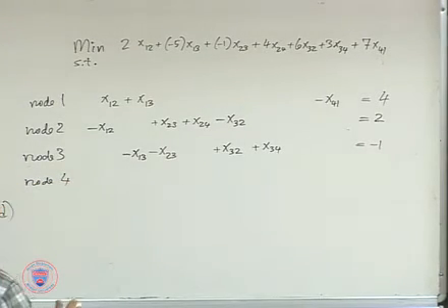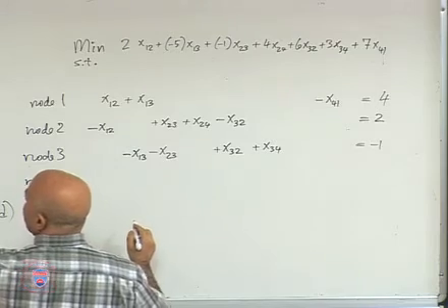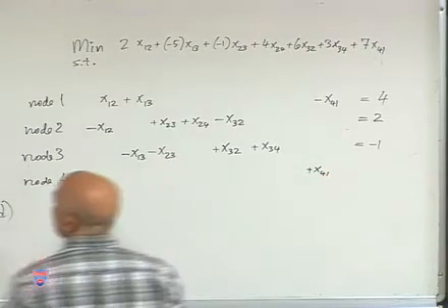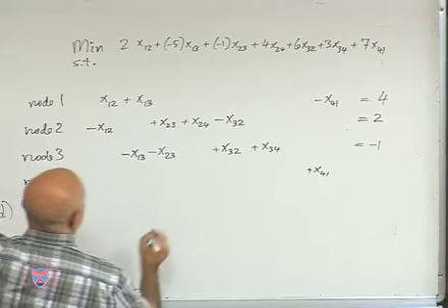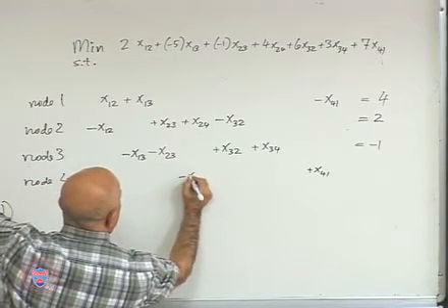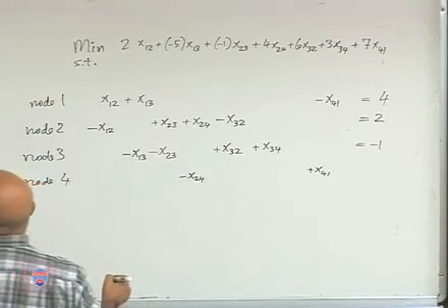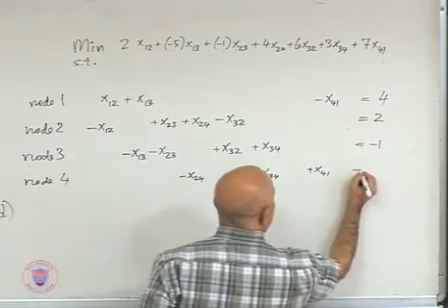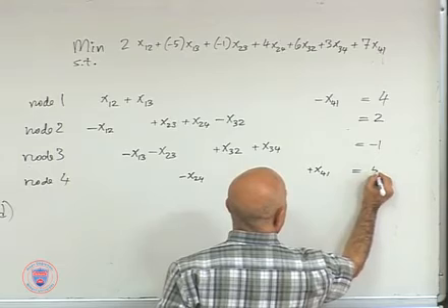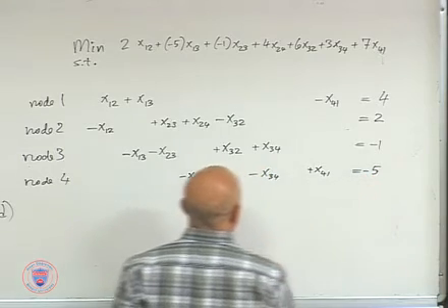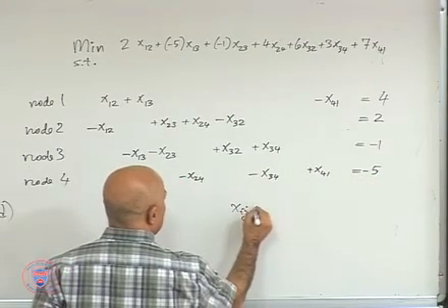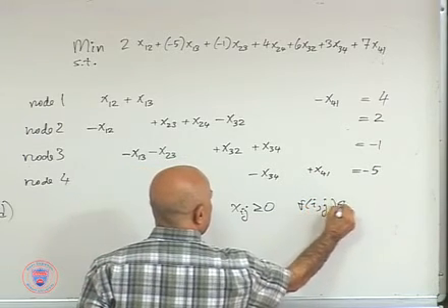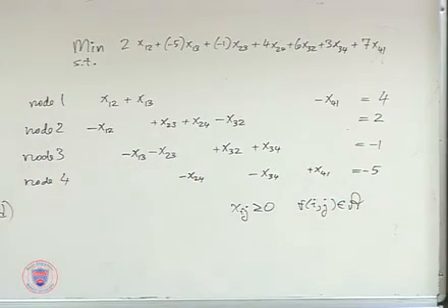Node number 4, outflow of x41, inflow of x24 and x34 is equal to -5. And then you have xij's greater than or equal to 0 for the defined arcs. Okay?